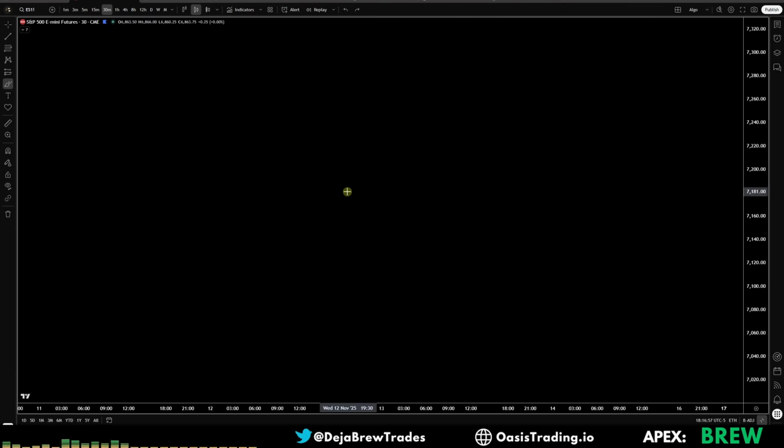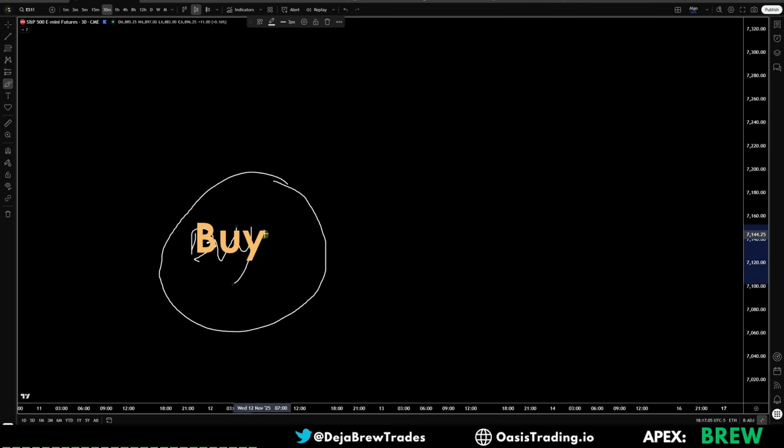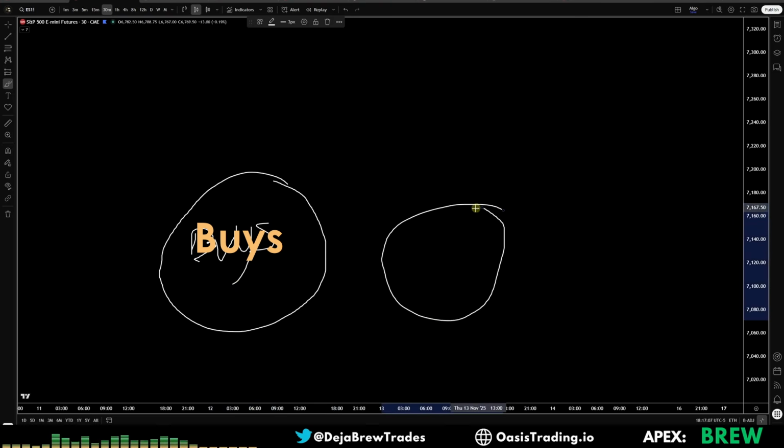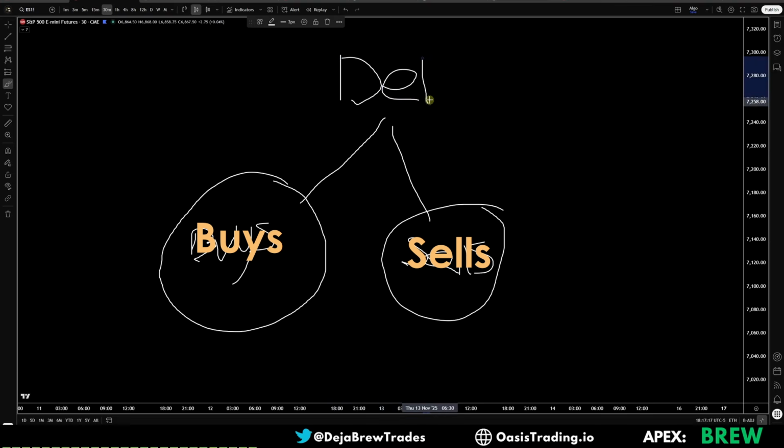We're going to combine all of those market buys and all of those market sells together. So we take the basket of buys and we take the basket of sells. Excuse my sloppy mouse handwriting. We combine them together and this becomes the delta, right?